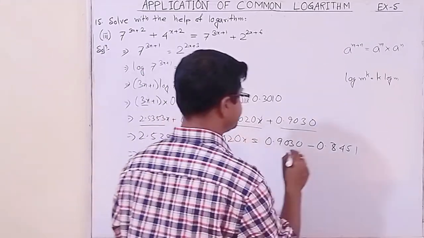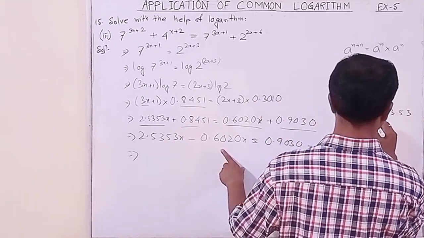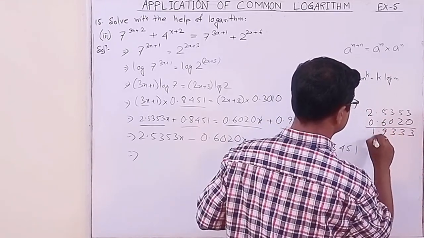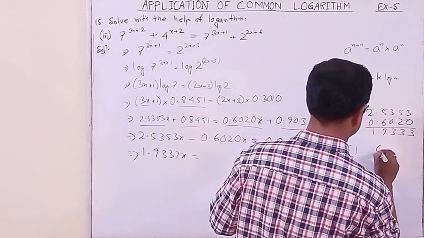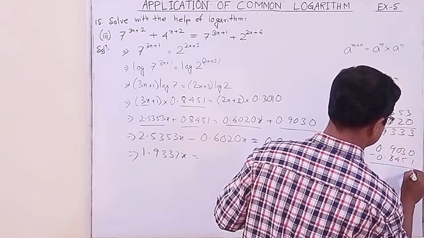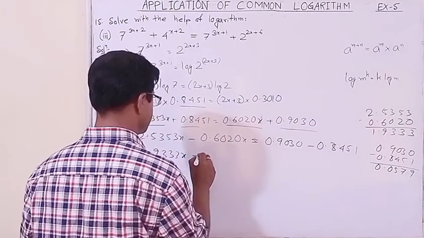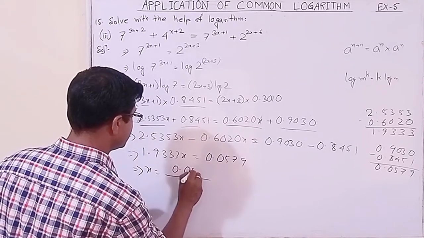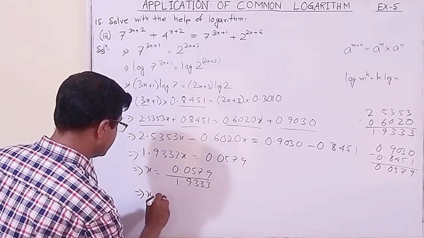Let us subtract: 2.5353 minus 0.6020 is 1.9333x, and 0.9030 minus 0.8451 is 0.0579. So x will be 0.0579 over 1.9333.